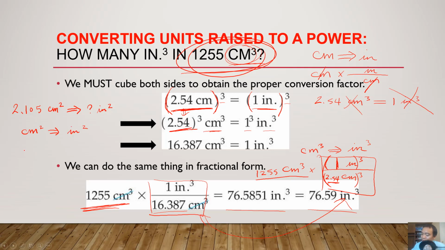So you write this cm squared first. That's what you're given. Now you're going to write the correct conversion factor. Do you remember you must have cm squared at the bottom, right? But it's the whole thing that is squared. It's 2.54. The whole thing is squared, and the 1 inch at the top, this whole thing is squared.